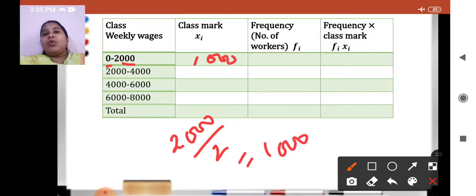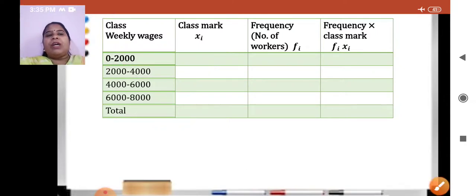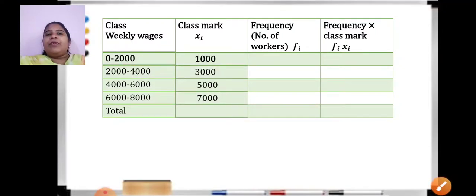Whatever is the width, you keep on adding it and you will get the class marks of the remaining classes. What is the width here? 2000. So 1000 plus 2000 is 3000, again add 2000 to get 5000, again add 2000 to get 7000. So the class marks are 1000, 3000, 5000 and 7000.